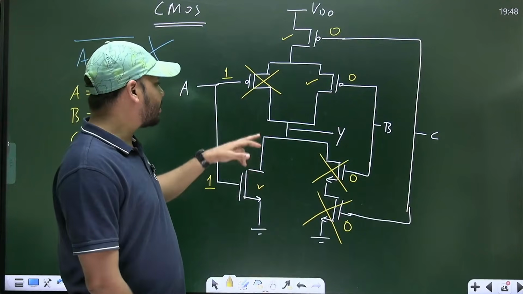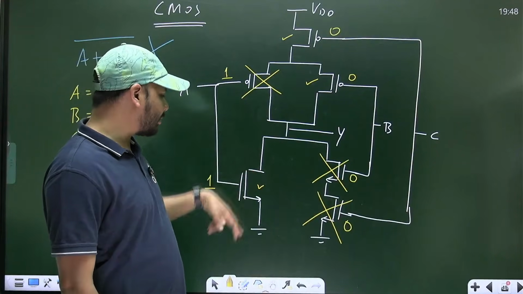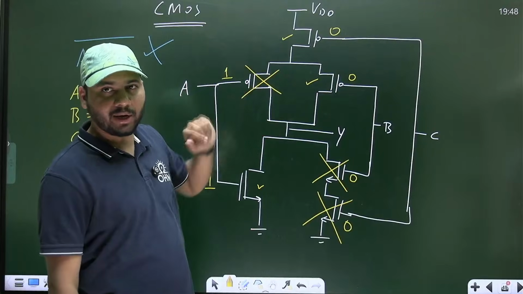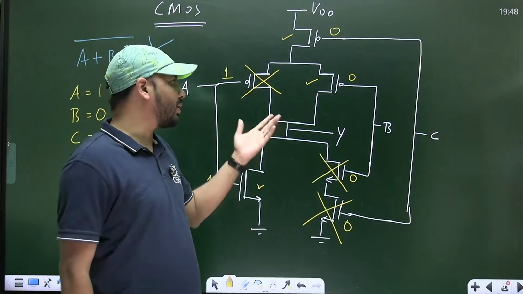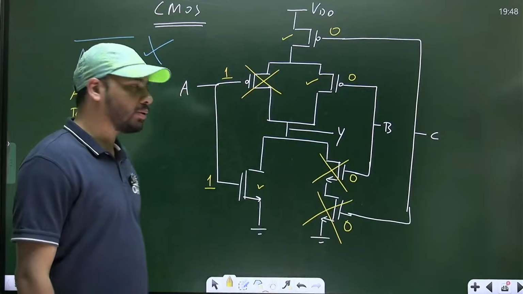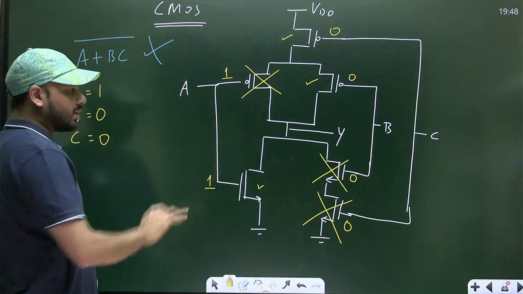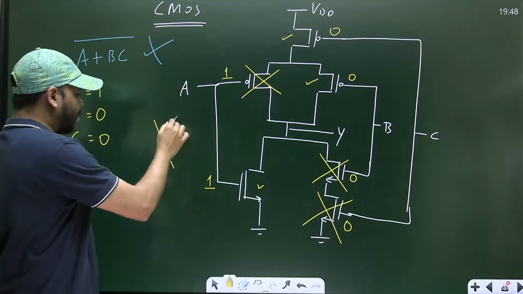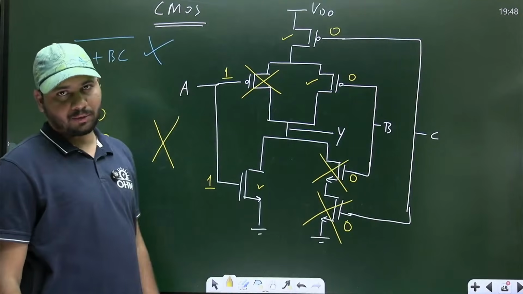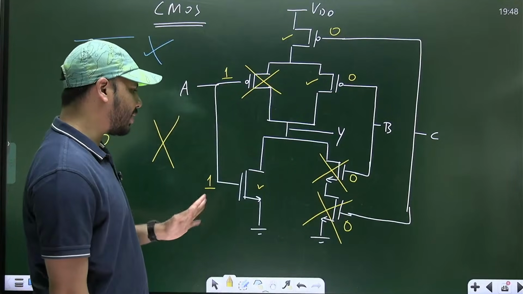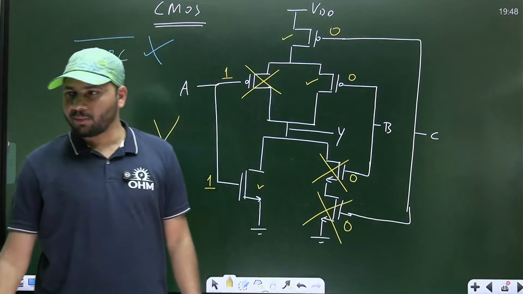But here, since the output has a path to ground as well as a path to VDD, you cannot say for sure whether the output will be high or low. So if this is the given circuit, then it is not a proper logic circuit at all, so it has to be marks to all.